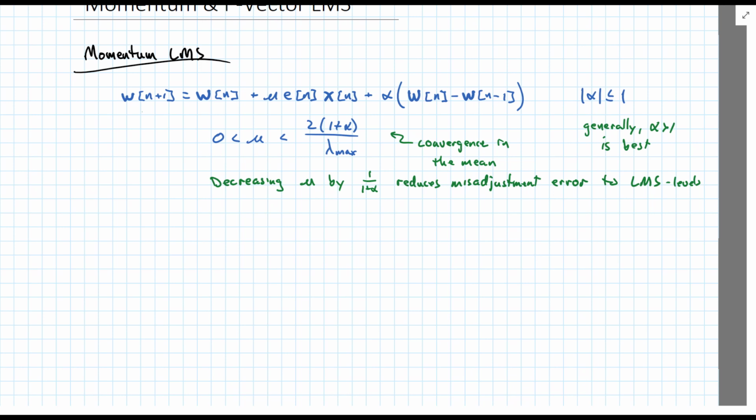Pick a small value of mu, and in the early stages of our adaptation, we will have effectively larger and larger steps, and then as we get closer, the steps get small again.